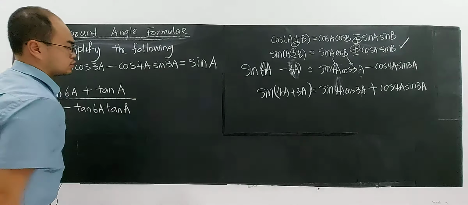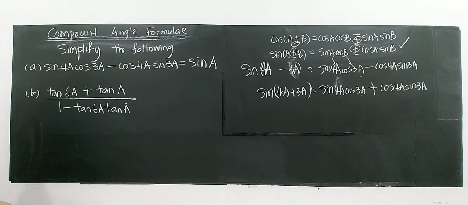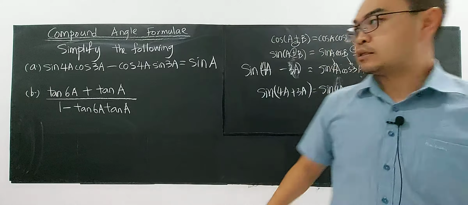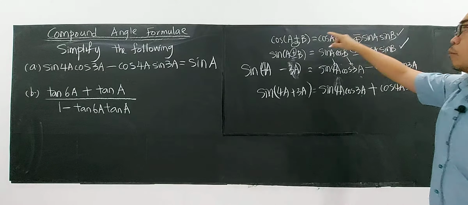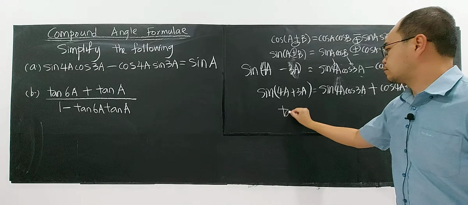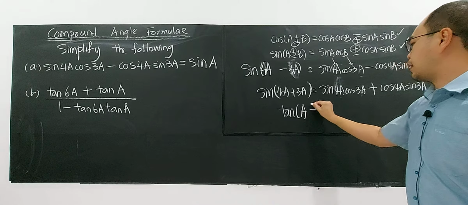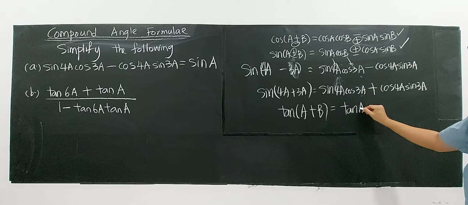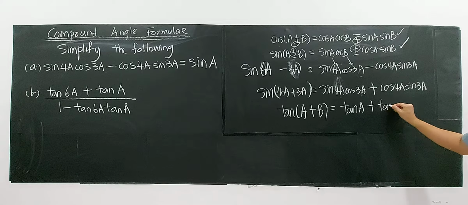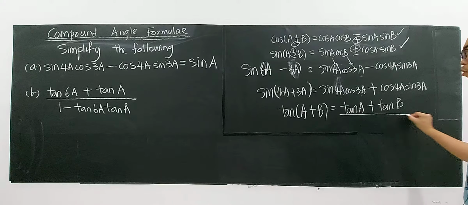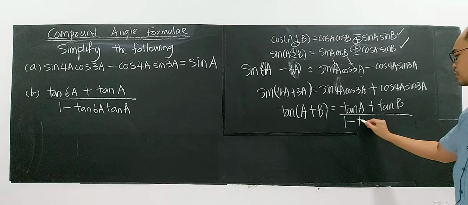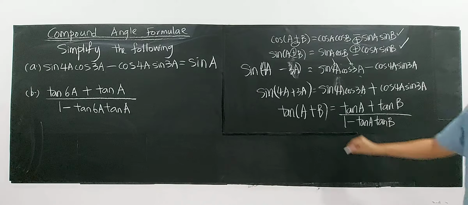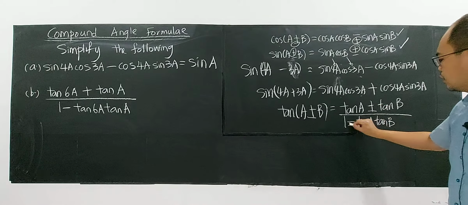For example, this one is a tangent, right? There is a formula for tangent(A plus or minus B), which is tangent A plus or minus tangent B over 1 minus or plus tangent A tangent B. If the top is negative, the bottom will be positive.